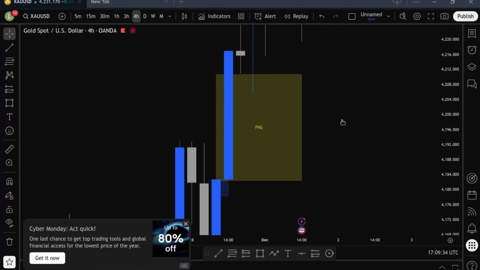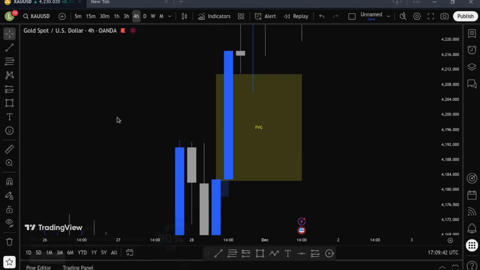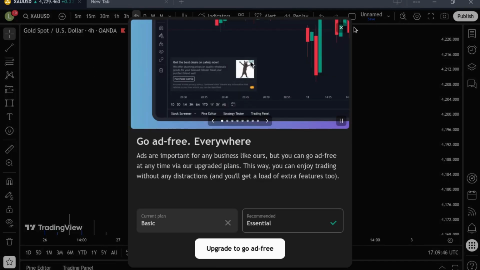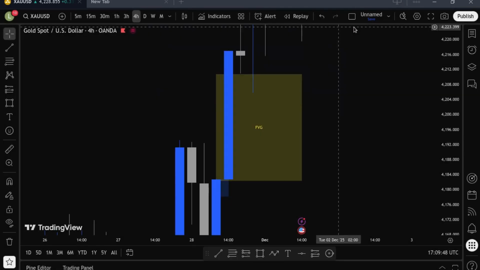When you talk about fair value gaps, there are also other aspects you need to talk about, which is your Fibonacci. Fibonacci is a tool designed for trend lines, to map out the 50% level or possible retracement level, right? It's a retracement tool used to map out retracement levels, mostly for trend lines and fair value gaps.